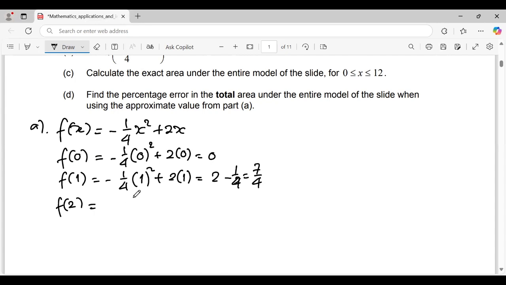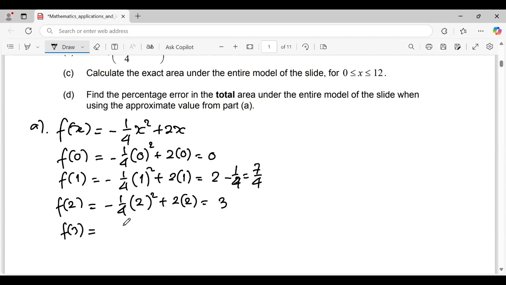If x equals 2, the function is minus 1/4 multiplied by 2 squared plus 2 multiplied by 2, and it is 3 because 4 minus 1.